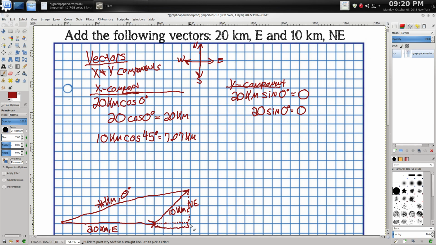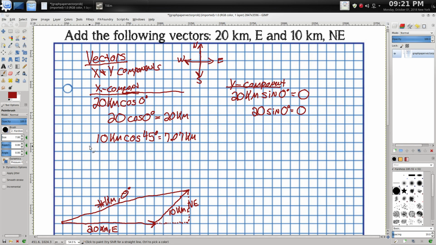This is how much it's been displaced. So we're calculating that displacement by running the cosine, and for the vertical displacement, running the sine on that same vector. Now remember, you can always do it this way if you draw your vectors head to tail. Okay? Alright, so with that being said, there's that.